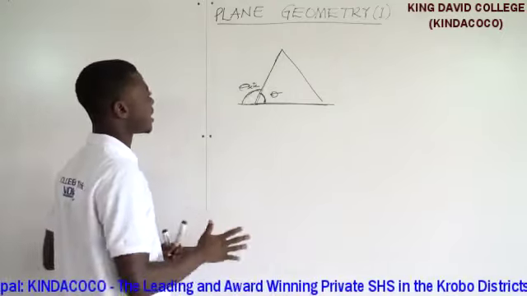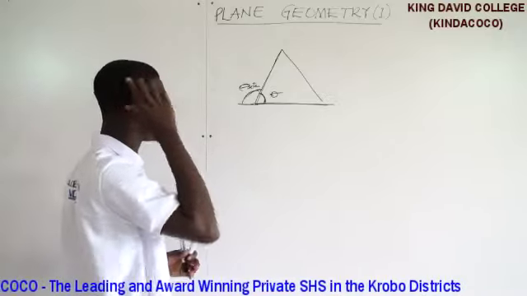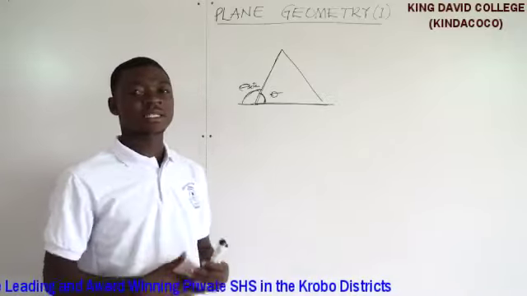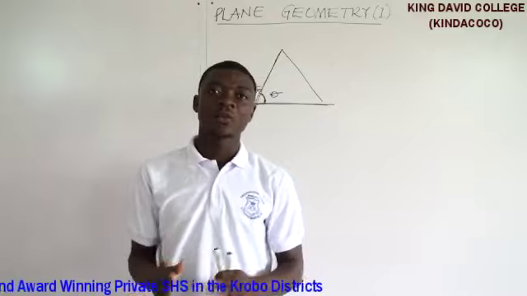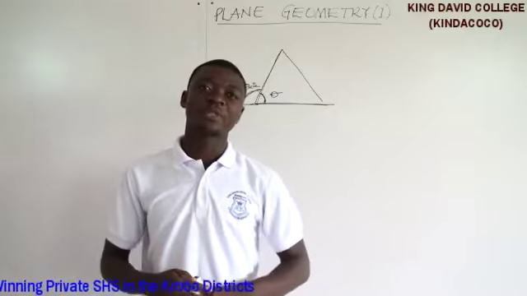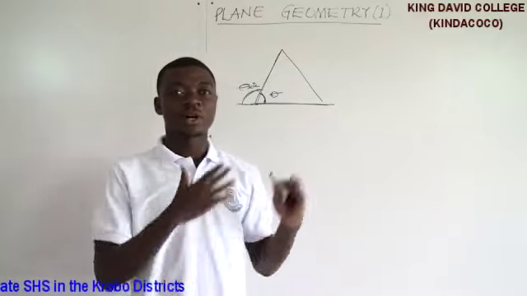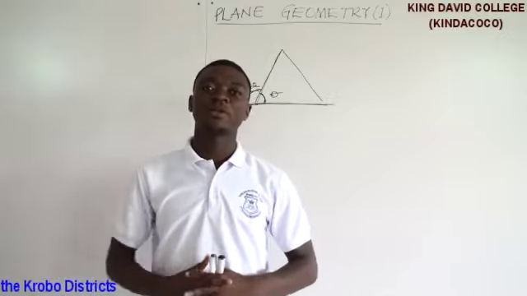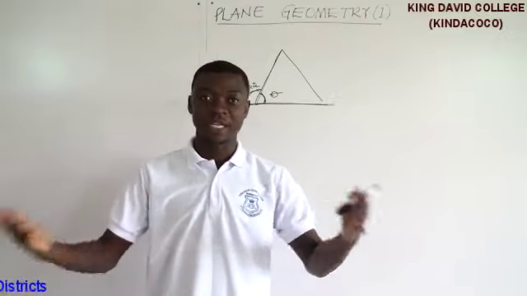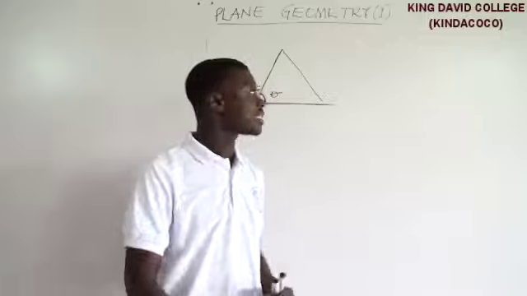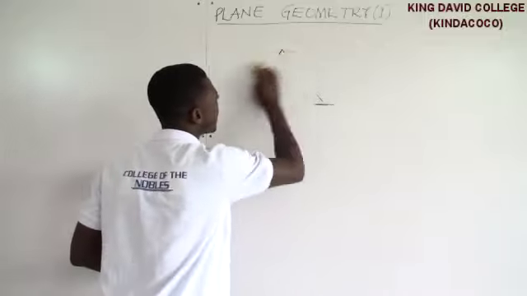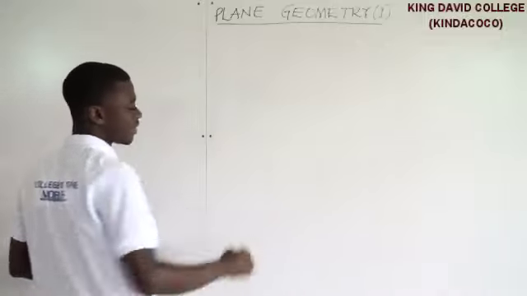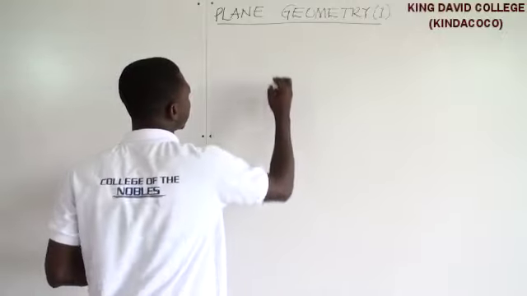Now before we look at this mainly, we are supposed to note some specific rules or relationships with angles. So I'll mention the name and then we are going to look at what relationship they have. For instance, let's say I give you a shape like this.